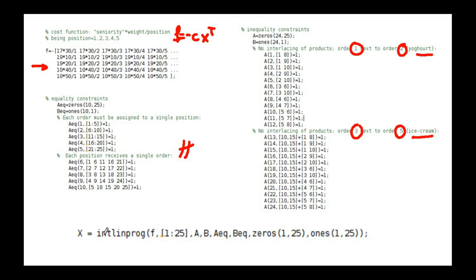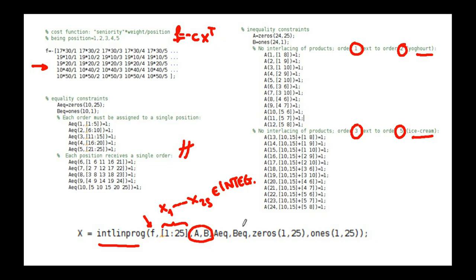And finally, I call intlinprog.m. This is the Matlab function that solves this kind of integer linear programming problems. So this is f. This 1 to 25 means that 1 to 25, all of them are integer numbers.